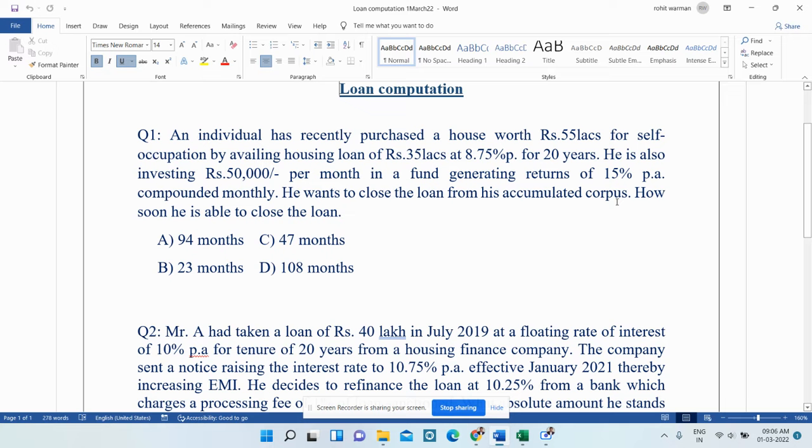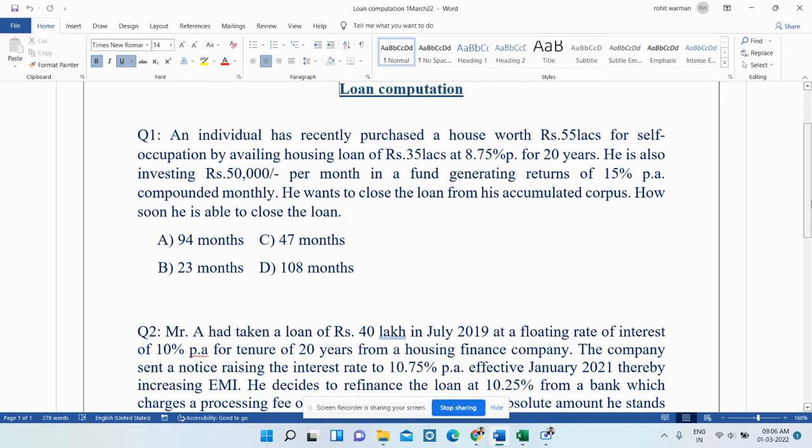At the same time, there will be another executive or a person representing the investment department or desk. They will say, sir, you have taken a loan, simultaneously why don't you start an investment also? Let's say if you are earning some rate of interest, you will be in a position to close the loan. So two things happen.